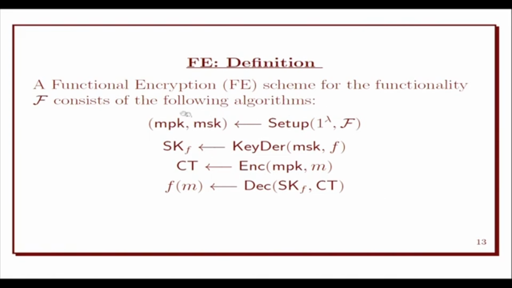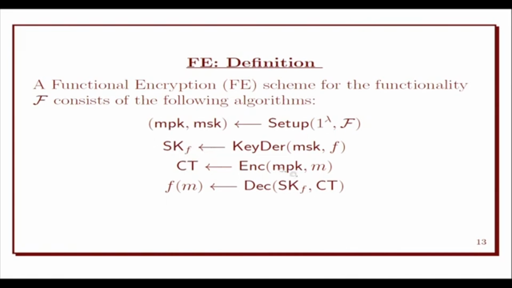Setup phase will generate the master public key and the master secret key for the central authority, and there is a key derivation algorithm which takes the input of that functionality or the circuit, and uses this master secret key. That means this algorithm can only be run by the trusted authority, and it will give us the secret key based on that functionality.